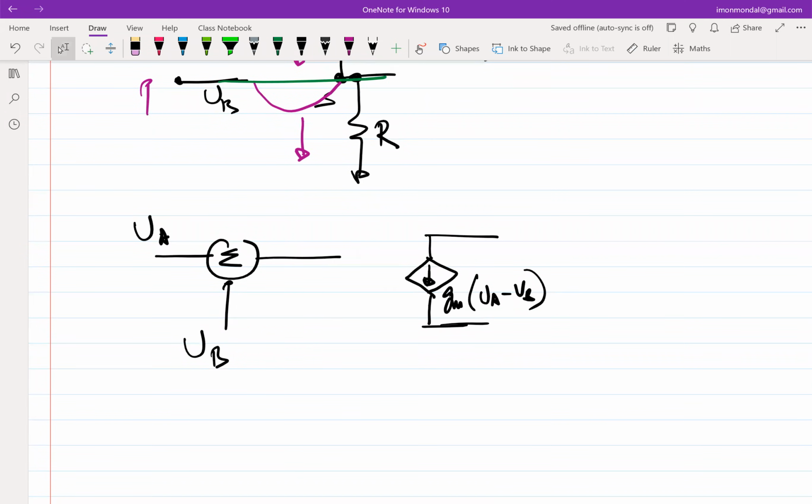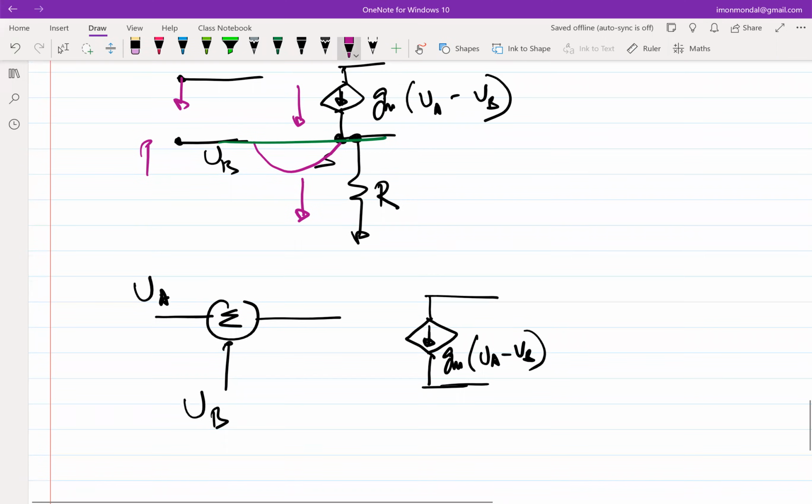Let me also connect this other R here because I have to draw the parallel.